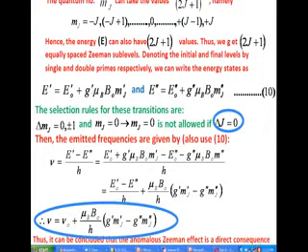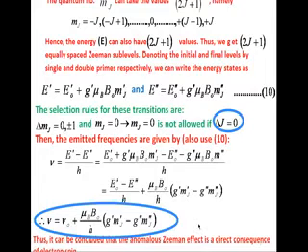So this is the anomalous Zeeman effect, and the frequency formula is given by equation number 2. Is that clear? I hope all this discussion will be helpful to you, and if you have any question, you can ask me.